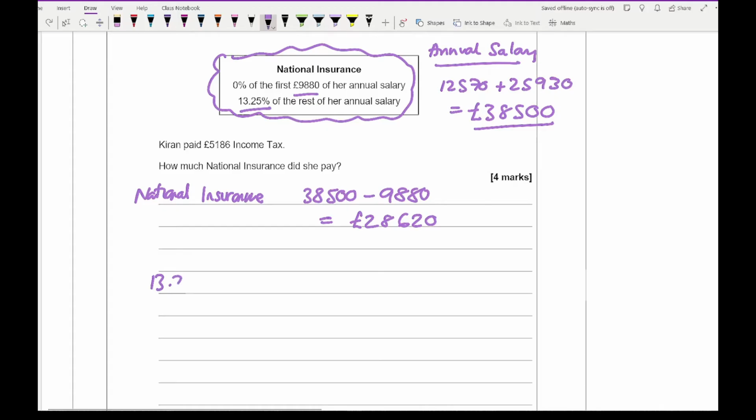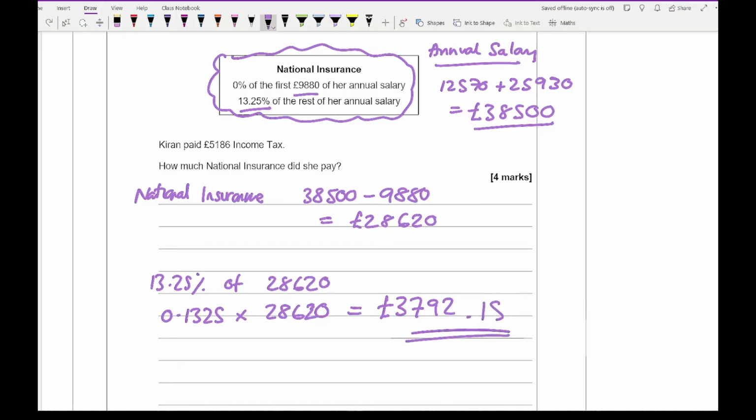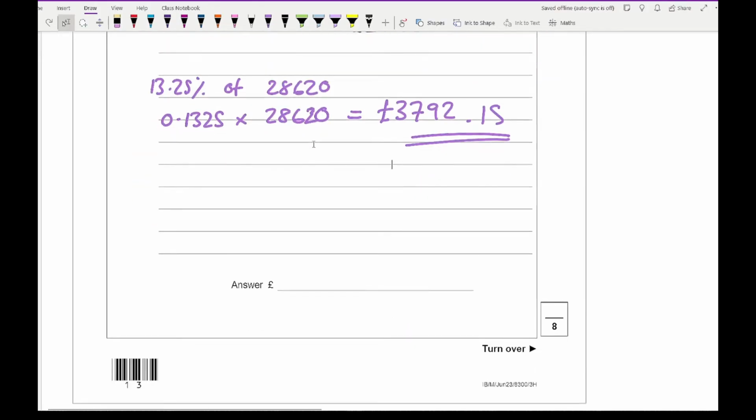So 13.25% of 28,620. We convert this into a decimal, and of means times, so times 28,620. Type that into my calculator, which gives me an answer of 3,792 and 15 pence, and there is my answer for that one.